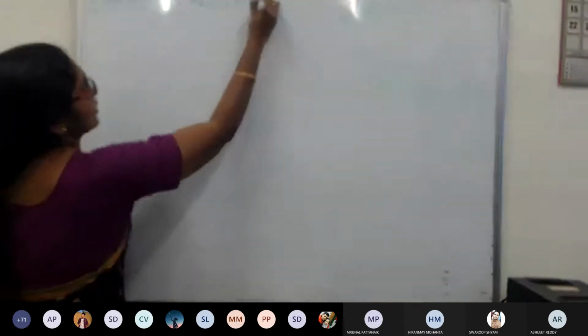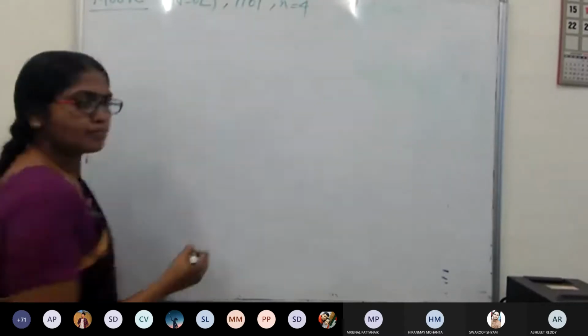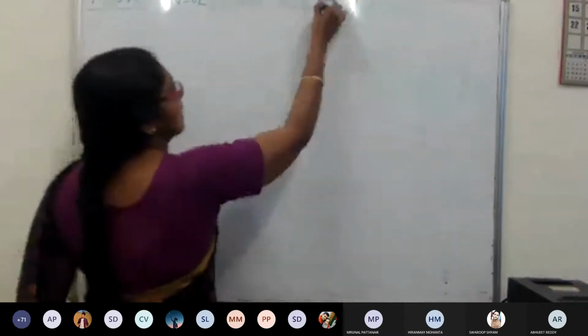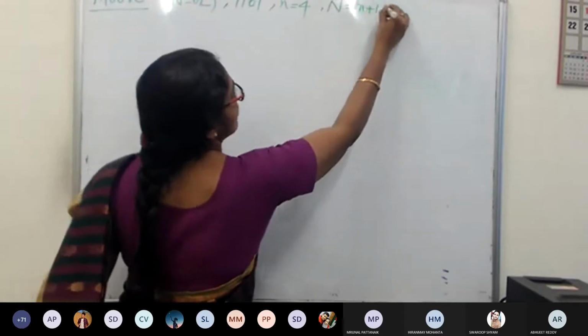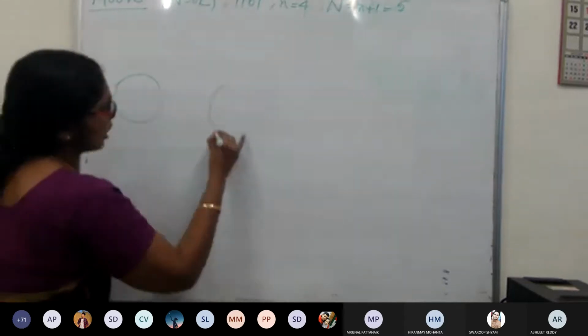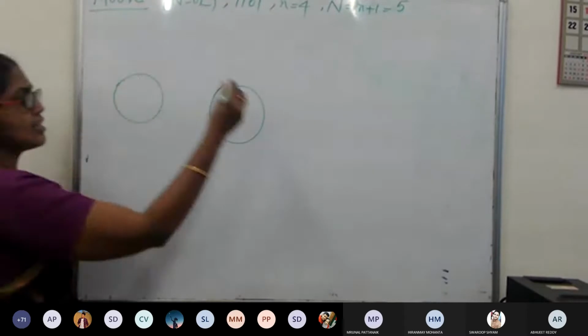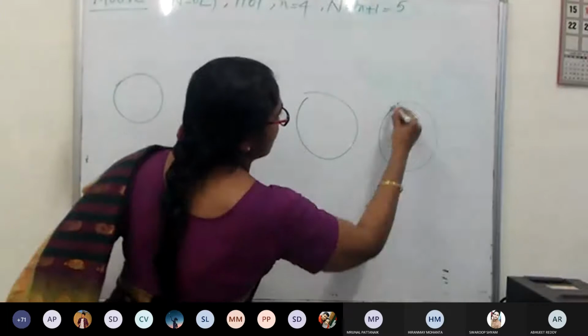Sequence 1101, right? So number of bits is equal to 4, as usual. But the number of states is n plus 1, which is equal to 5. Why it comes to be 5, I will explain while designing. He has told the number of states required according to Moore is 5 to detect the same sequence.